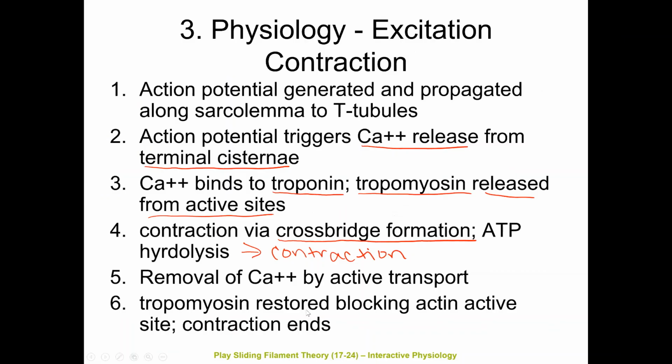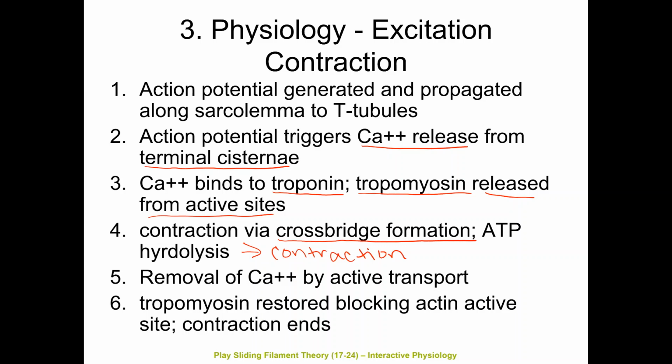So we have just walked all the way down to getting that contraction, right? And then we have these last two steps, which is just like with all of these that we've been going through, undoing everything. So after you've gotten a contraction, again, you have to undo the contraction. And so the first thing we would have to do is remove calcium.